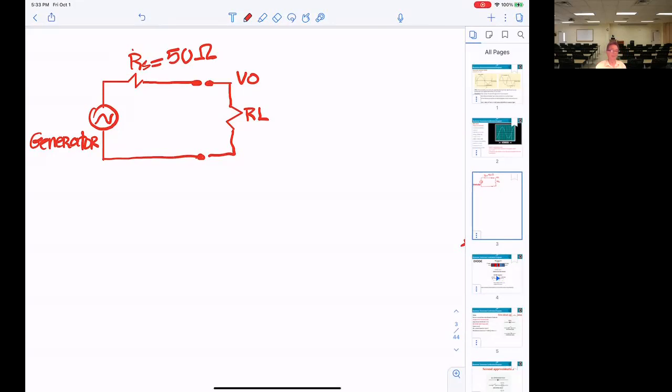And now they connect to the load. Basically, they want to know the value for RS. What that means is, when they connect RL here, they can adjust RL.